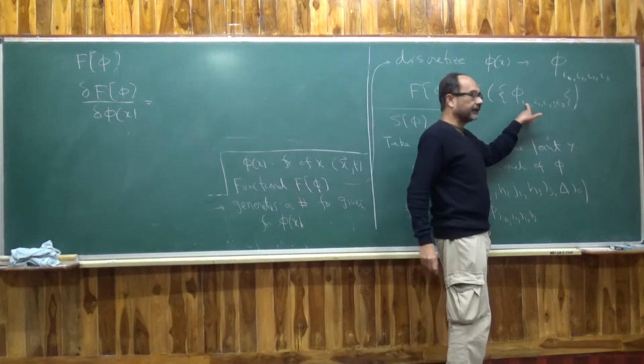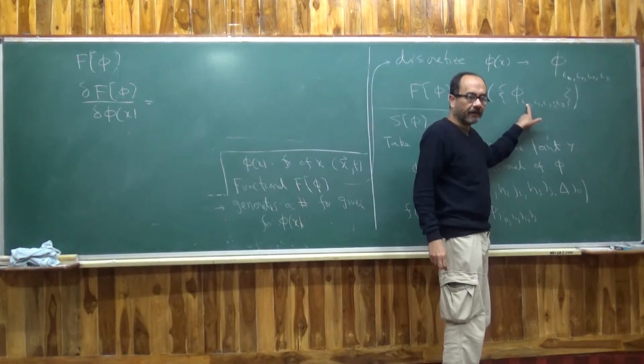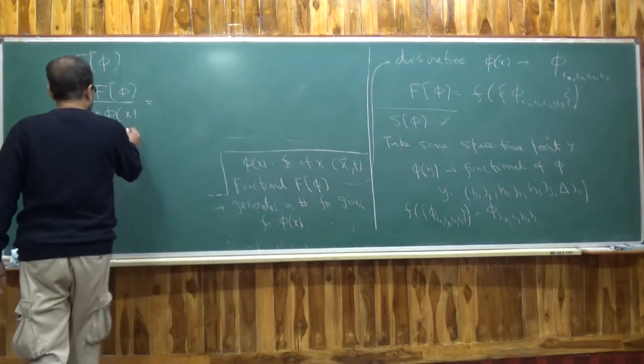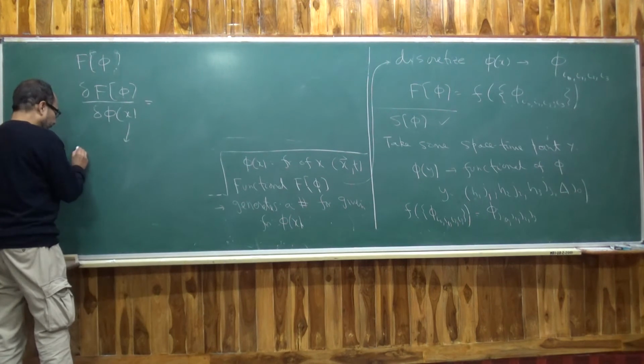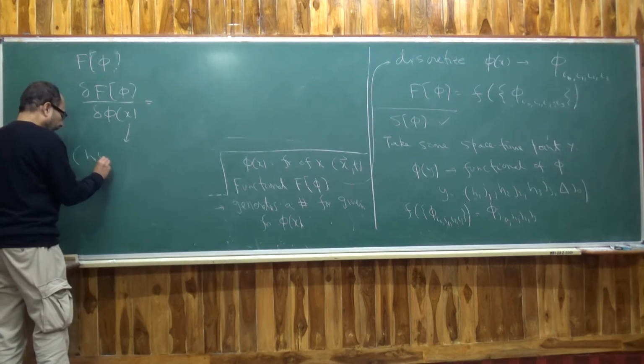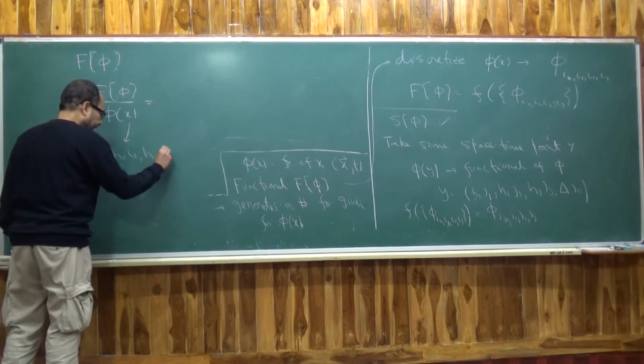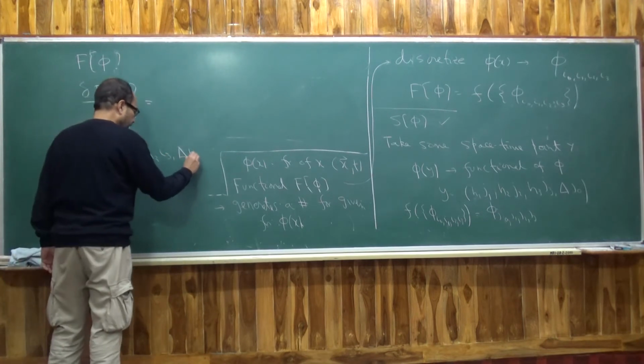So we will define this by discretizing. We think of the function as a function of many variables. And similarly, let's suppose that x is given by h1 j1, h2 j2, h3 j3 and delta j0. I shouldn't have used i, let me put j.